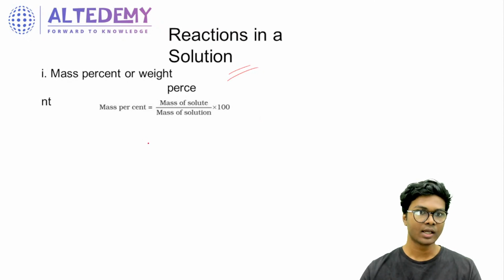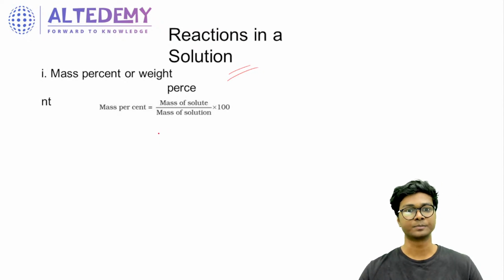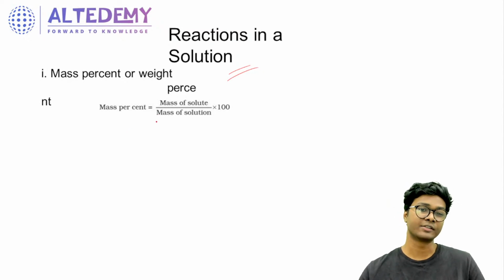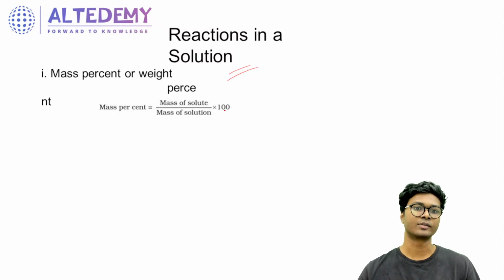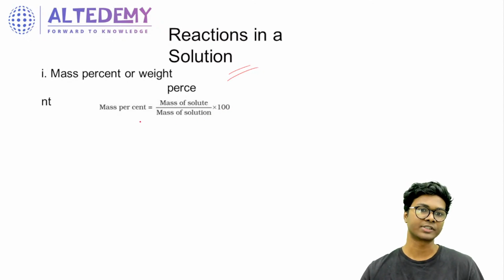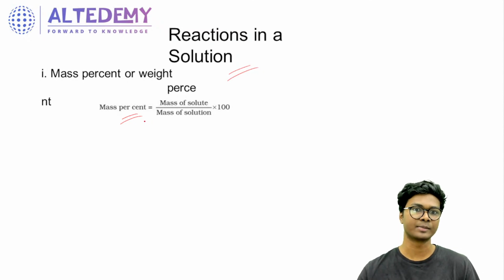So first is mass percent or weight percent. This is the formula for calculating mass percent. Mass percent is equal to mass of solute by mass of solution times 100. We all know how we get percentage. That's very simple.